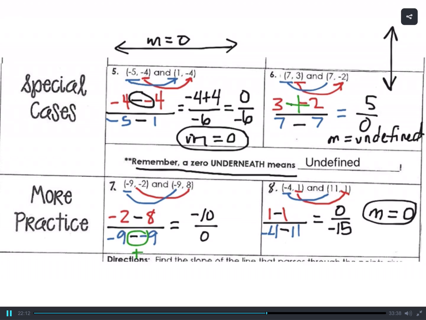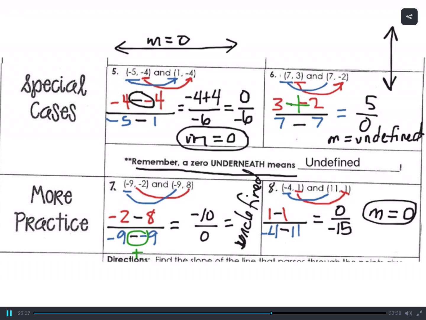All right, and so you should have come to the conclusion that negative 10 divided by 0 is, just like before, because we're dividing by 0, the answer is undefined. Okay, and that should be a U. Doesn't really look like one though. So undefined. So that's our special cases with using 2 points.